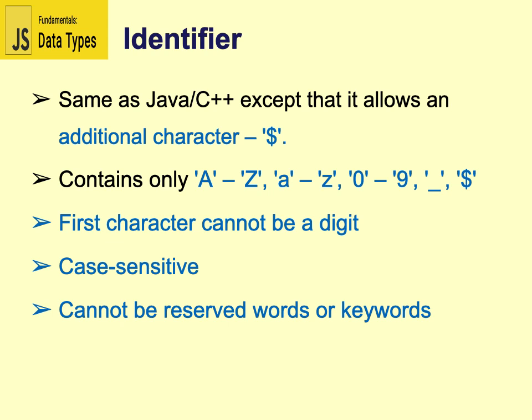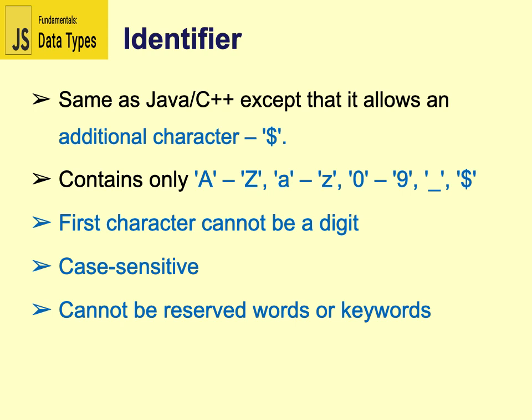Identifiers contain only capital letters A to Z, small letters a to z, numbers 0 to 9, and special characters like underscore and dollar symbol. These are the character set of identifiers.